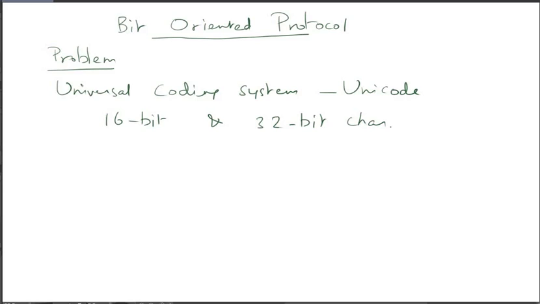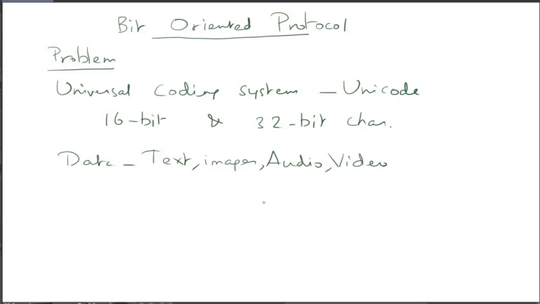In this bit oriented protocol, the data section of a frame is a sequence of bits. It is to be interpreted by the upper layer as text, images, audio or video files.